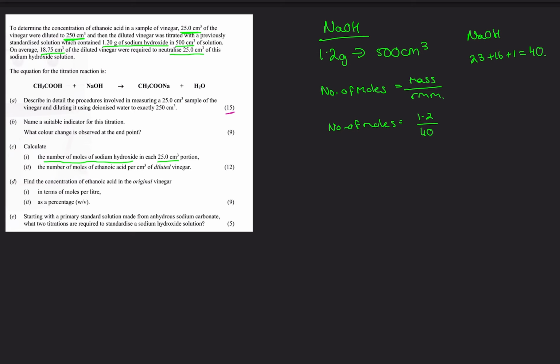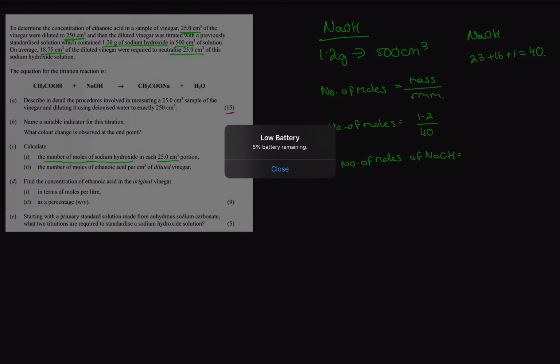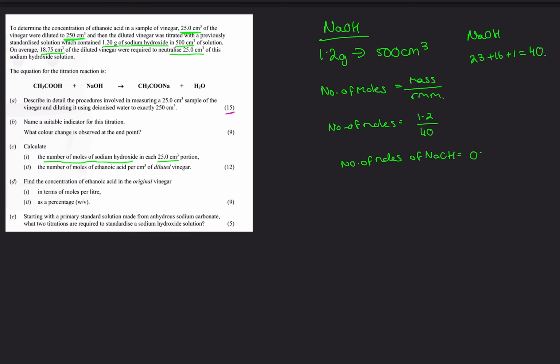Okay, so if you work that out then, you'll work out the number of moles of sodium hydroxide to be 0.03 moles per litre, or you can say 0.03 molar.